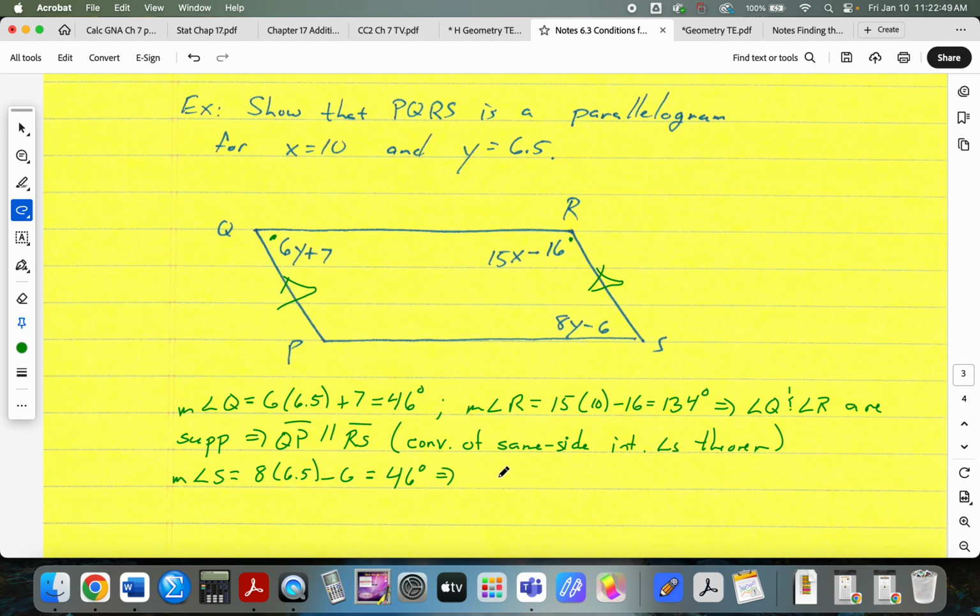So that means that angle S and angle R are supplementary. So segment QR is parallel to segment PS because of the converse of the same side interior angles theorem.